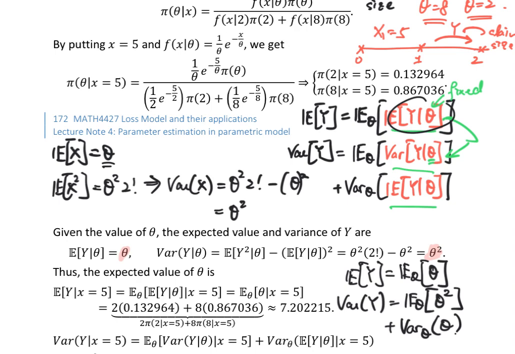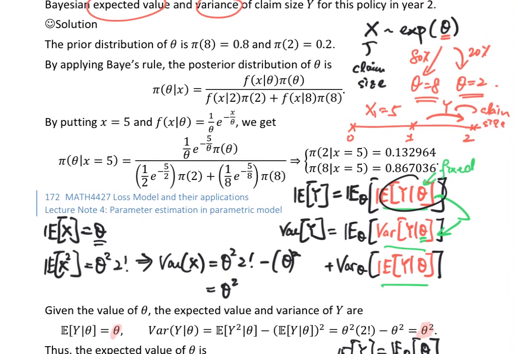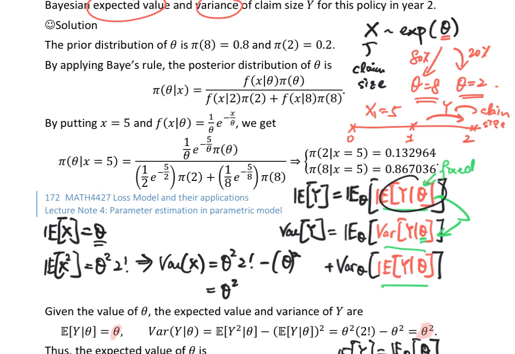Now in order to evaluate this expected value and the variance, the next thing you should do is obtain the distribution of theta. In particular here, given that X1 equals 5, what will be the posterior distribution? I would say this is also very easy.